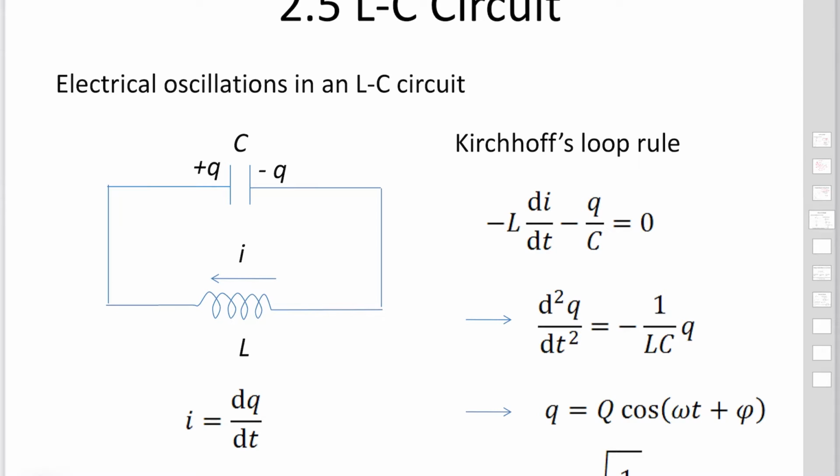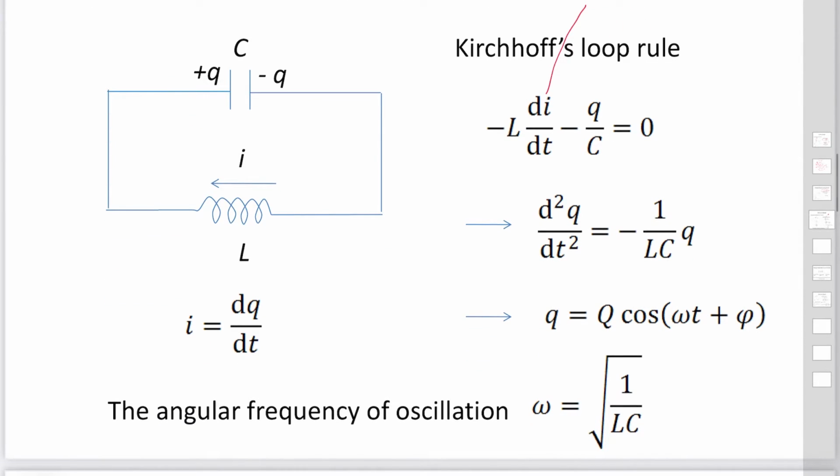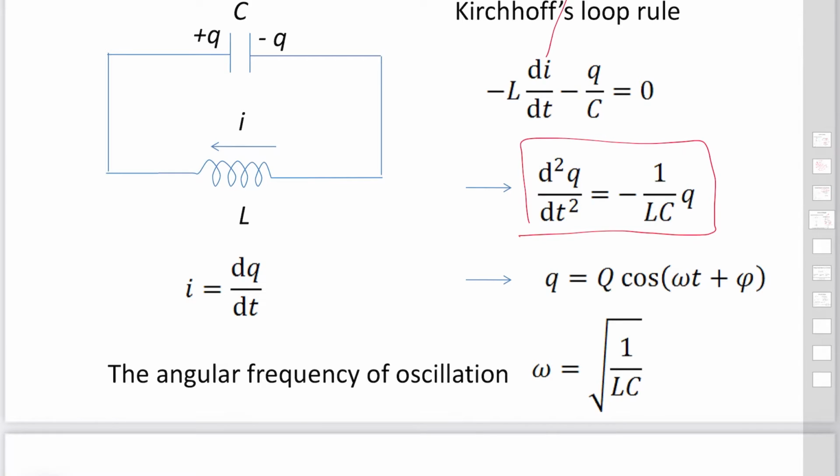If we remove the batteries from the circuit, then electrical oscillation you could discover. So we apply Kirchhoff's rules. Minus L di/dt minus Q over C. Again, we consider I equals dQ over dt. Substitute. Then it becomes a second derivative. The answer is expressed with trigonometric functions, cosine or sine.